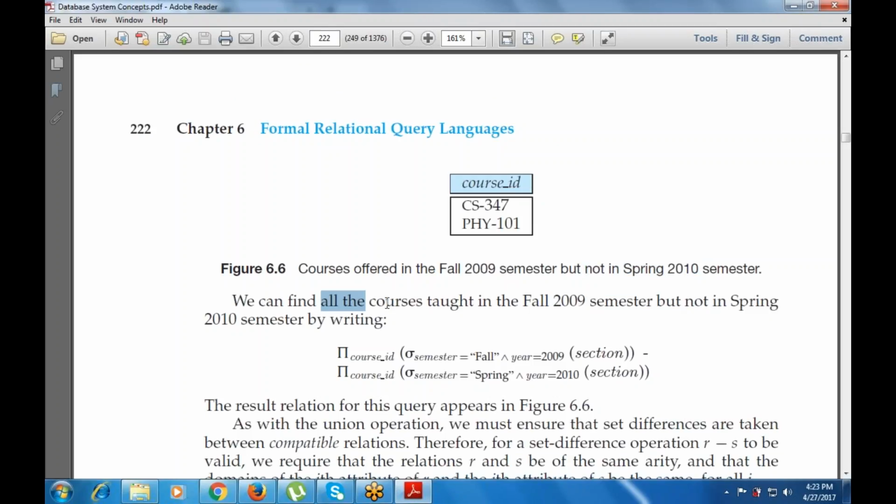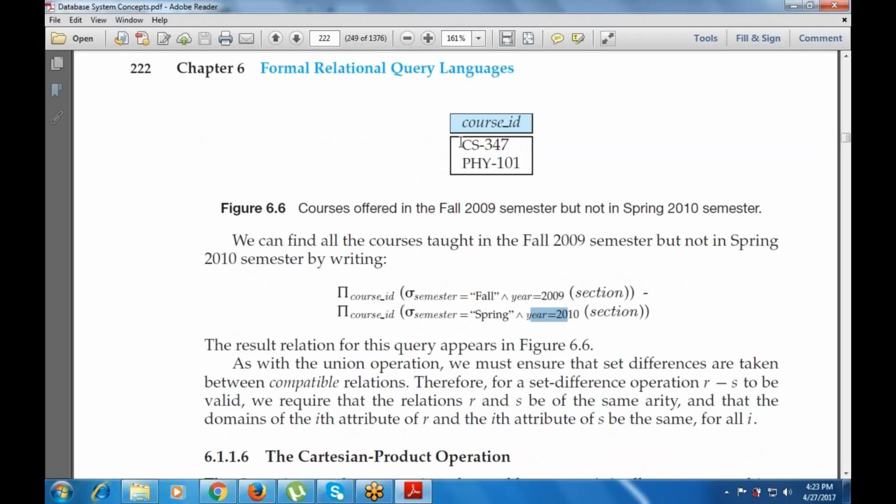We can find all the courses taught in the fall 2009 semester but not in the spring 2010 semester by writing this: course ID, semester equals fall, year equals 2009, section, minus course ID, semester equals spring, year equals 2010, section. So both contain the table, that is section. And the result relation for the query appears over here, this is the output of this.